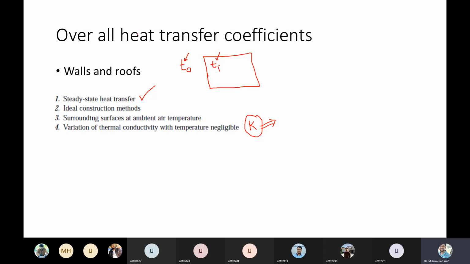From the equivalent resistance we can calculate the overall heat transfer coefficient, because resistance is the reciprocal of the conductance; in other words, conductance is basically 1 by UA, right? So if you know any of these, whether you know C or R, each of the components can be calculated.